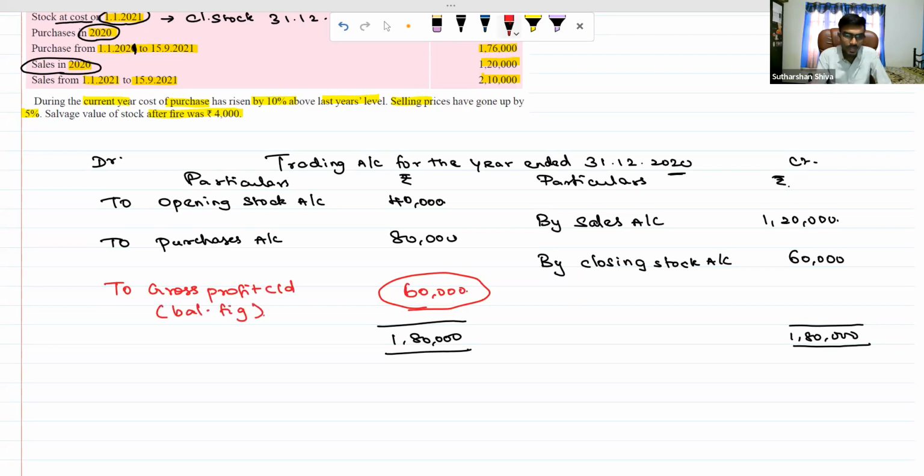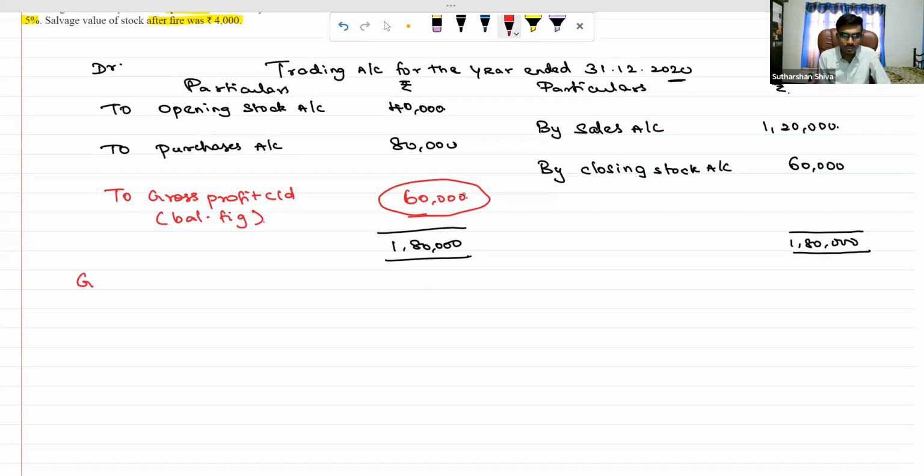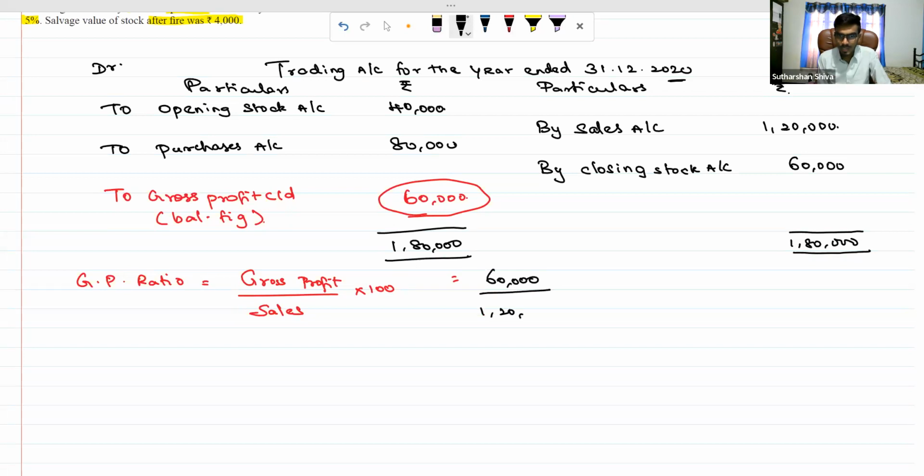Why am I creating this? For calculating the GP ratio. What is the formula for the GP ratio? You should first remember it is gross profit by sales into 100. Substituting in this question, it is 60,000 divided by 1,20,000 into 100.